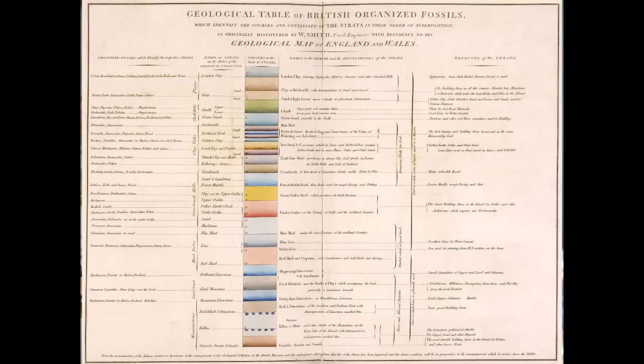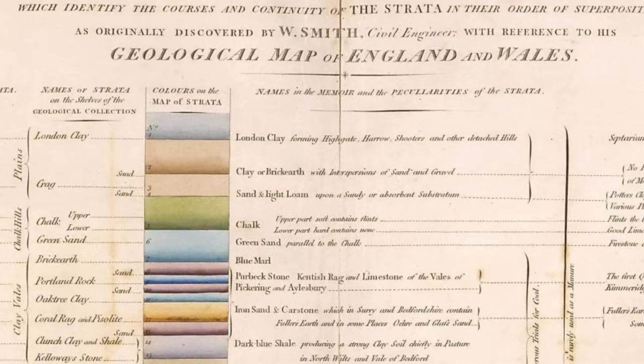But at this time, he was creating these names and describing distinct units of rock. At this time, we didn't have a concept of geological periods. The geological timescale didn't really exist in any sensible way, but only units of rock that could be recognized and correlated from place to place.